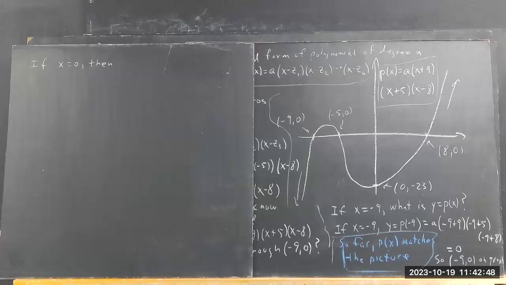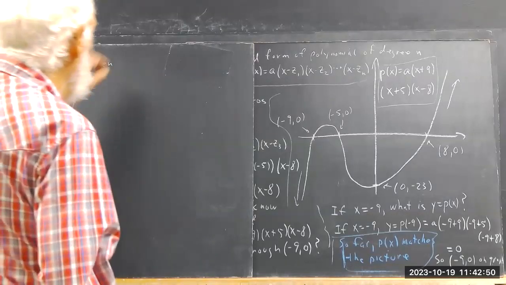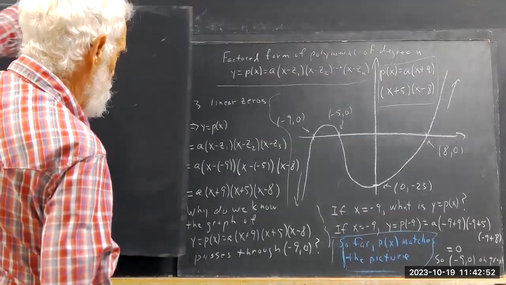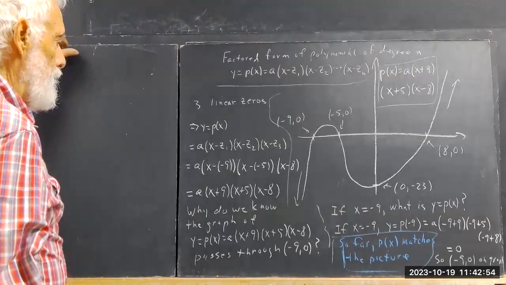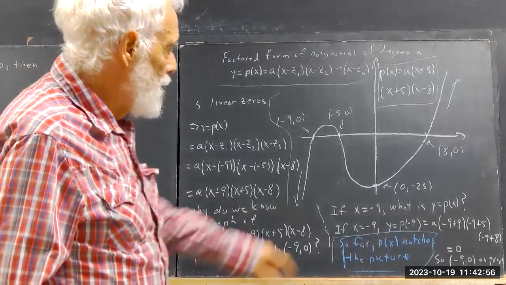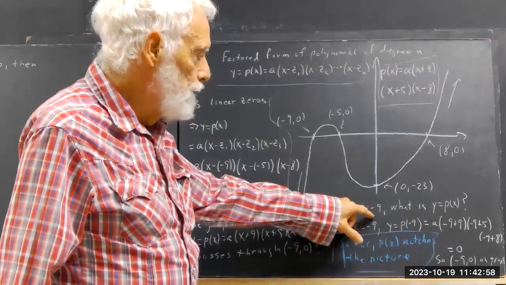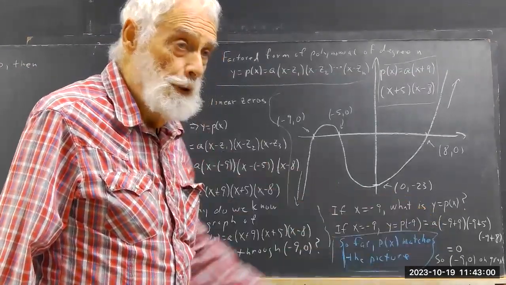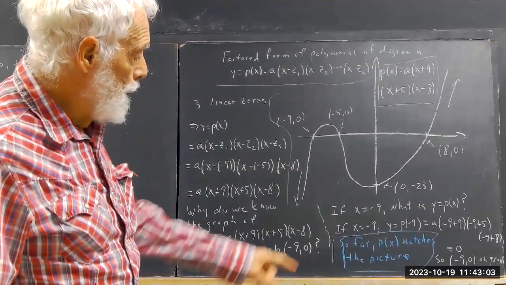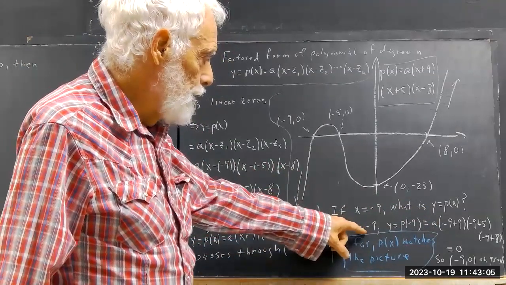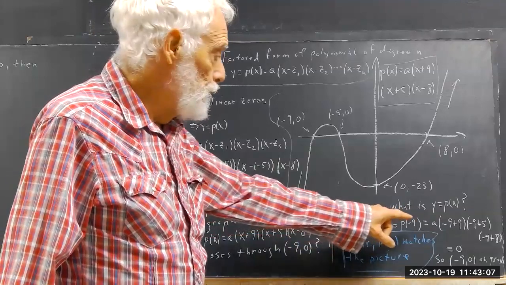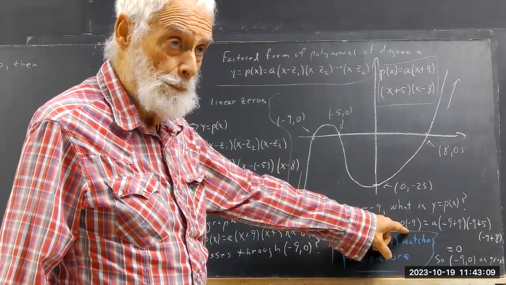Let me emphasize that it's kind of important to write things out logically. In other words, I write: if x equals negative 9, what is y equals P of x? Then I make the statement, if x equals negative 9, then y equals P of negative 9. Okay?